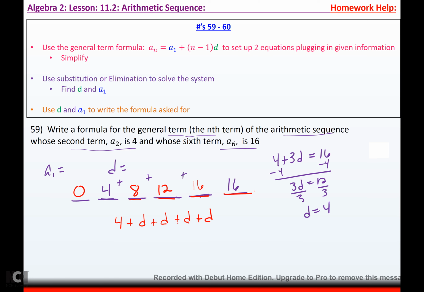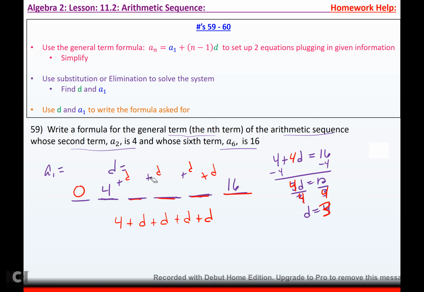I'm sorry, I forgot, you'd have to add another d to get to that one. So it's actually 4 plus 4d equals 16. My bad. So minus 4, then divide by 4, and you get d equals 3.